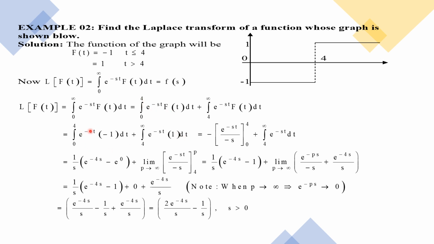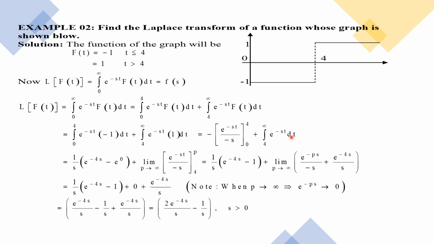Now taking the integration of this integral: minus e power minus st upon minus s from 0 to 4, plus the integral from 4 to infinity of e power minus st dt. Minus into minus gives plus 1 over s. So apply the upper limit e power minus 4s minus e power 0 for the lower limit.